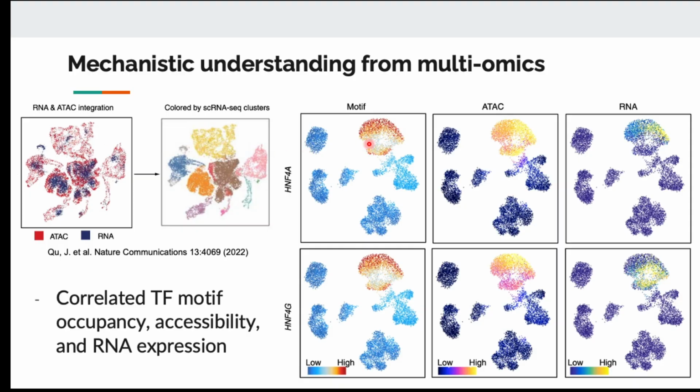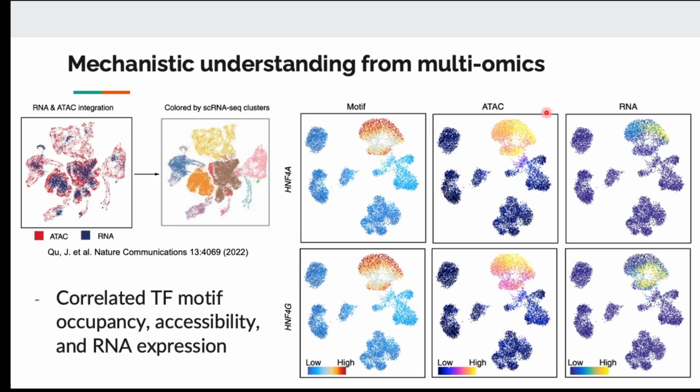But people have found that if you can also integrate ATAC-seq or epigenomic information, you can correlate change in RNA to change in accessibility of the chromatin. The chromatin opens up and you have more expression, with more transcription factor binding in the same area.